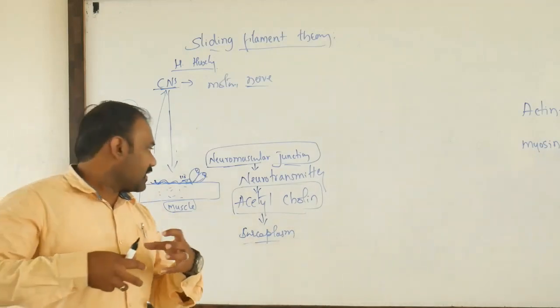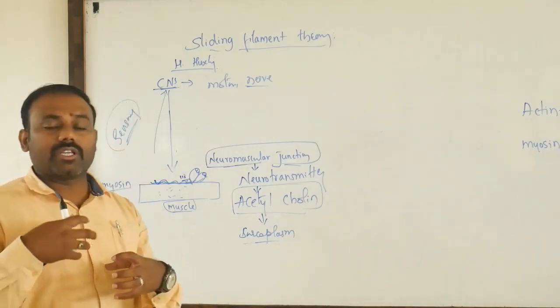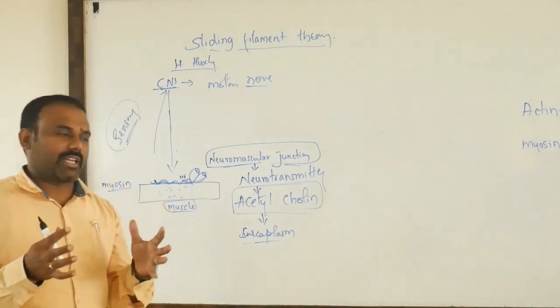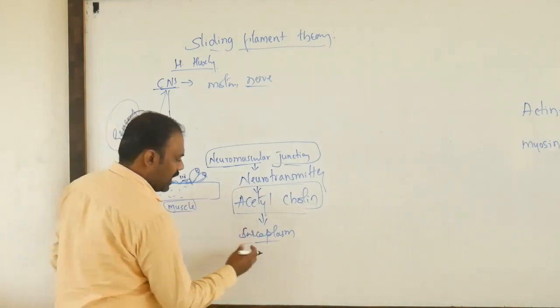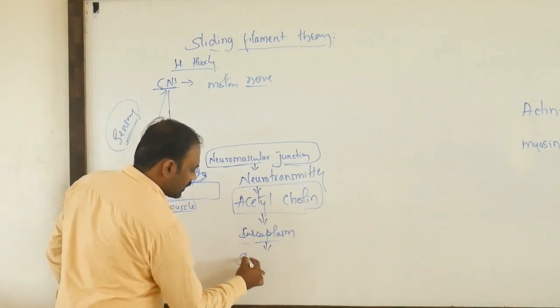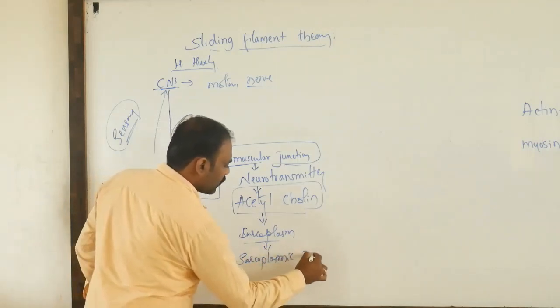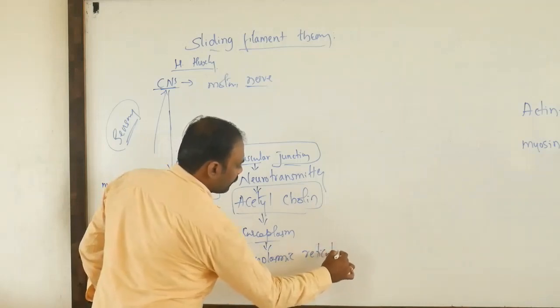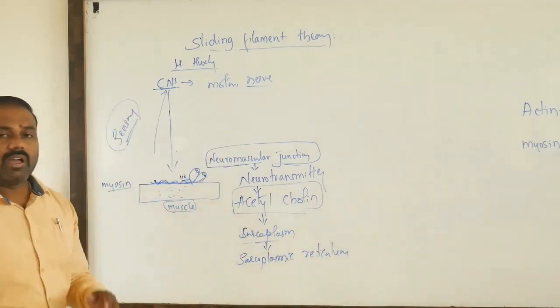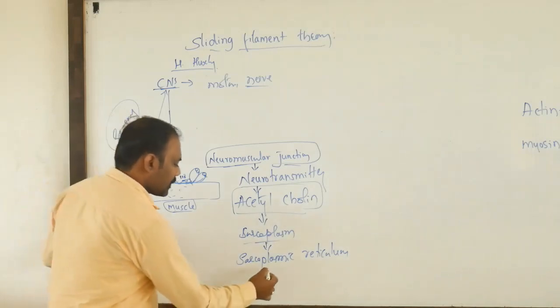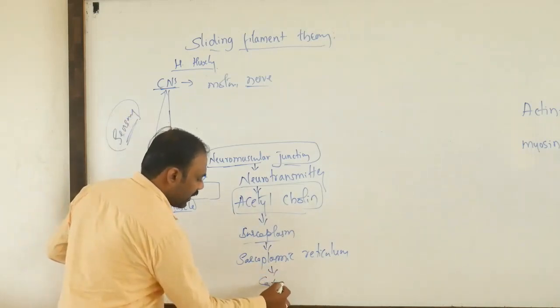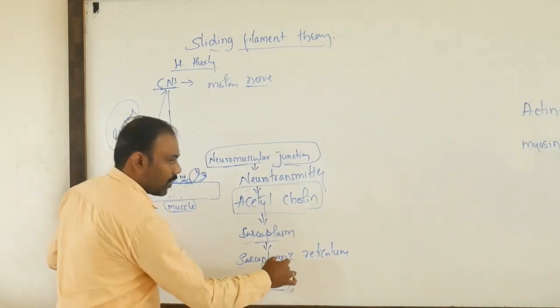As the acetylcholine increases in amount in the cytoplasm or sarcoplasm, the sarcoplasmic reticulum, remember the word sarcoplasmic reticulum, comes into action and starts producing the calcium ions. Please do remember this point.